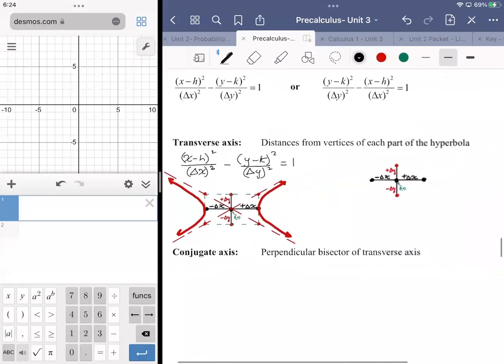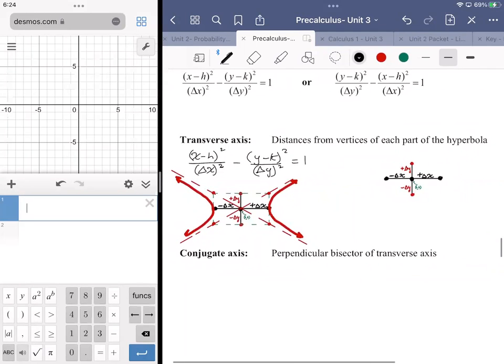The definition we were looking to investigate here: the transverse axis is the line segment that connects the two vertices that are actually in physical contact with the hyperbola. The conjugate axis is the line segment that's perpendicular to that.